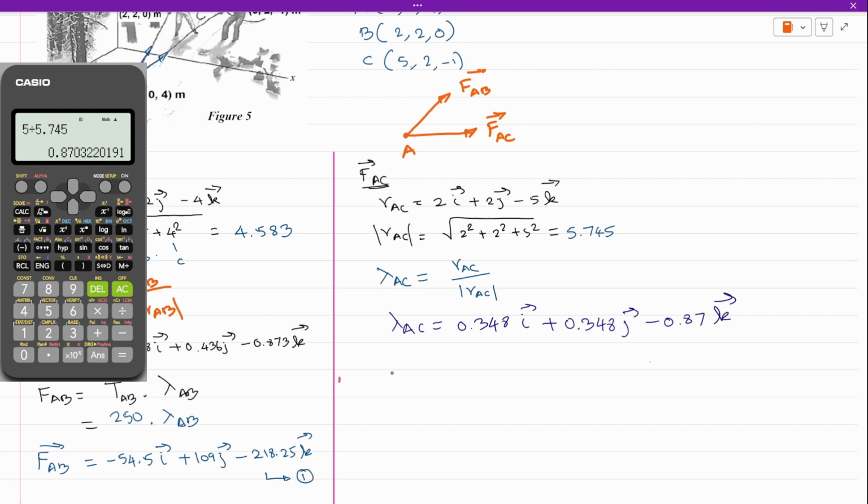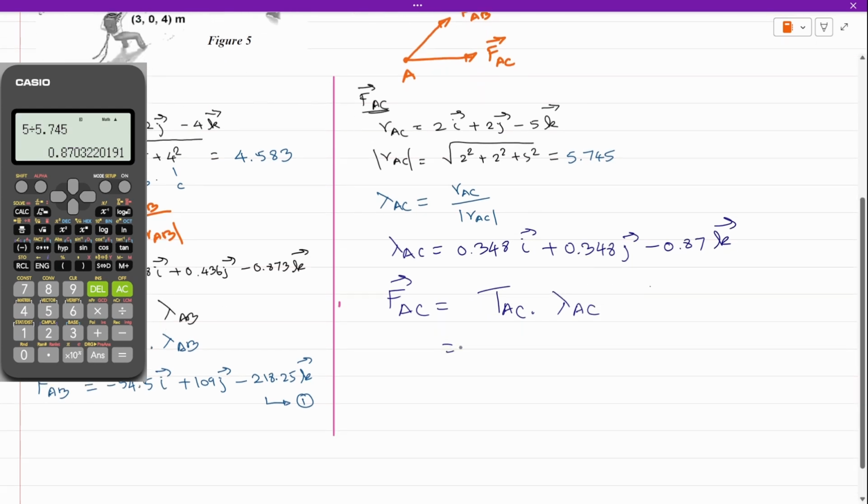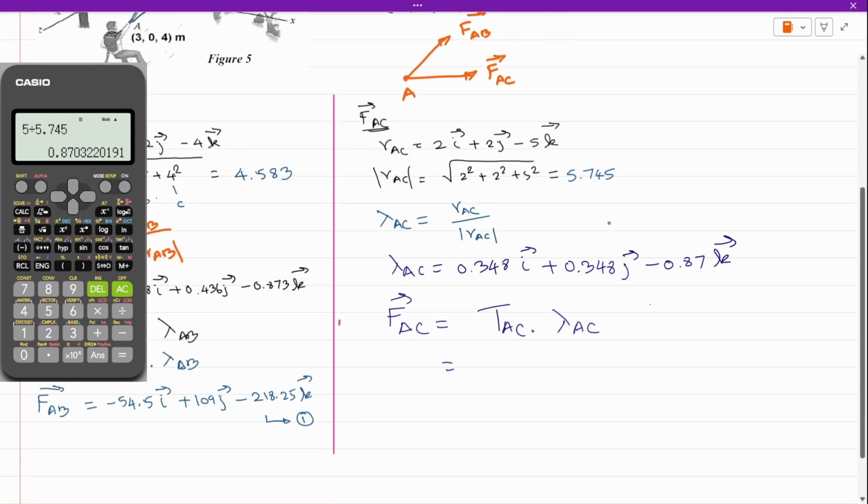Now let us identify our force AC. Force AC is tension in AC into lambda AC. According to the problem, tension in AC is 450 Newton. So 450 into lambda AC. 0.348 into 450, we are getting 156.6.